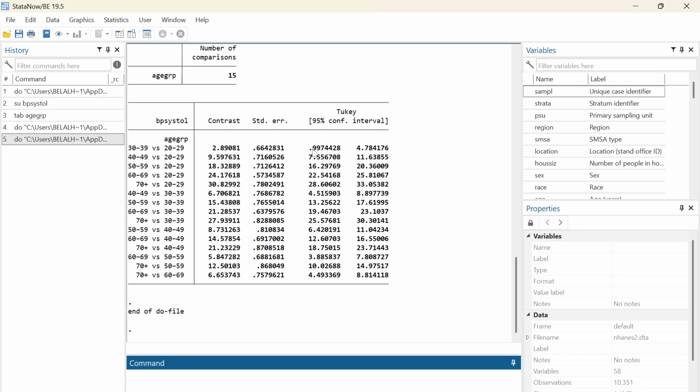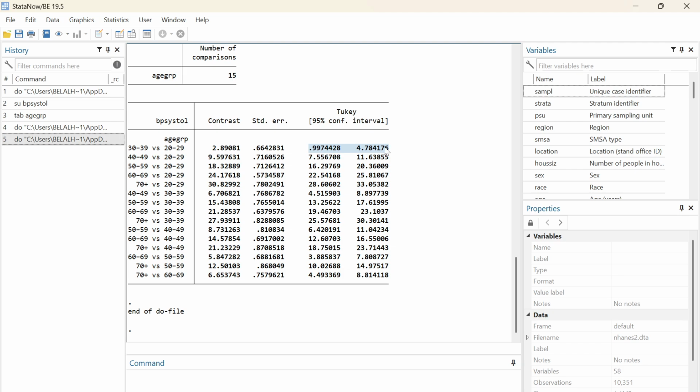Okay, so this confidence interval tells us about the confidence of this contrast, right? So you can see it does not include 0. That means the difference is not 0. Okay, so if the interval includes 0, like say this number is 0 but this number is positive, then that means there is no difference between these two groups. Okay, so since it does not include any zero, that means this difference is really significant.